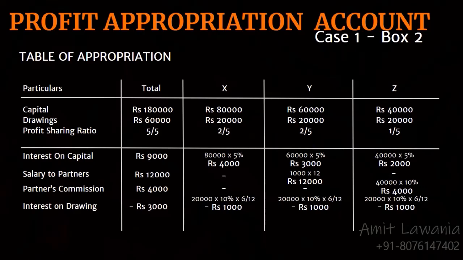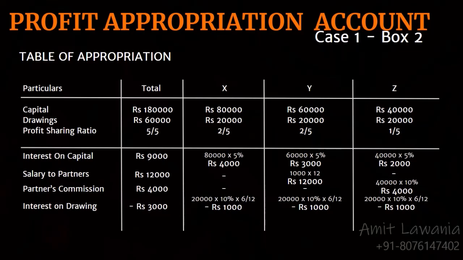Next, we find a clause on interest on drawings at 10%. Since no date of drawings is given, it is considered that the drawings were made uniformly throughout the year. To put it in short, if the date is not given for drawings, the interest is calculated for 6 months only.